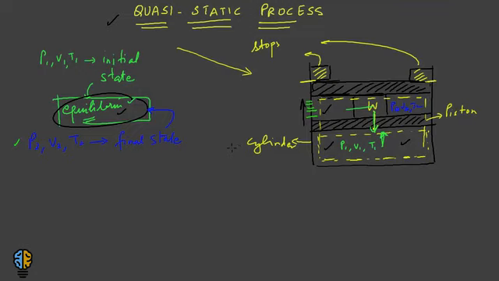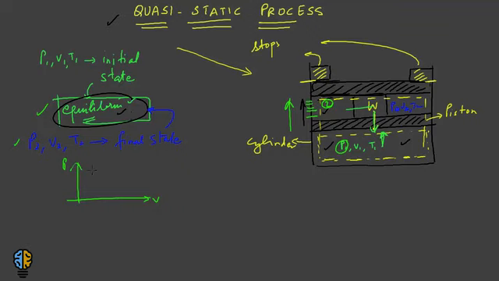And because they were non-equilibrium states, we cannot plot this process, that is going from equilibrium state 1 to equilibrium state 2, on a thermodynamic coordinate plane. Means we cannot plot a PV diagram for this particular process, because although the initial and the final states are equilibrium states, the intermediate states are not equilibrium states.